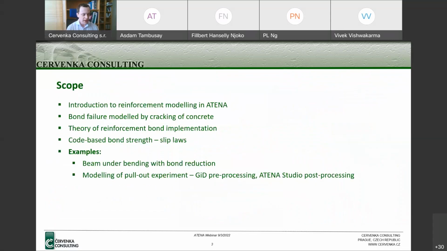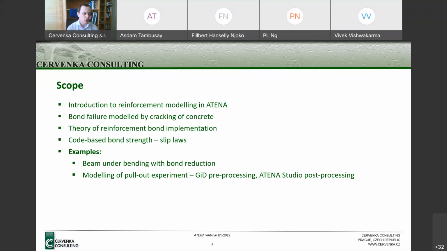So the scope for today, I will start with a basic introduction of reinforcement modeling in ATENA to give us some common ground, some theory of the implementation of reinforcement in the software. And then I will move to modeling of bond, which is characterized by cracking of concrete, and then modeling of bond by slipping of reinforcement with respect to the surrounding concrete.